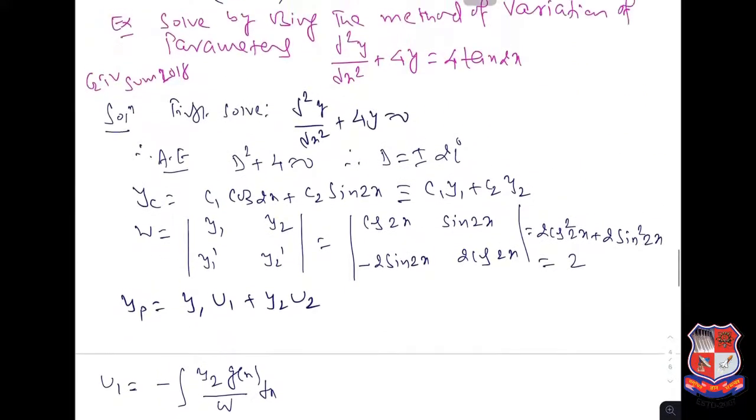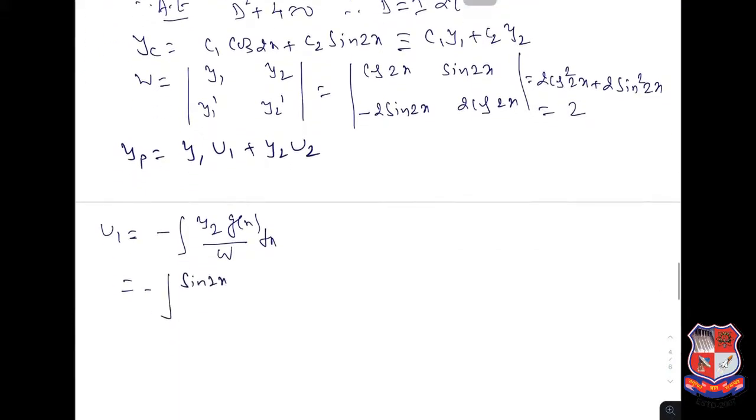What is g? g(x) is 4 tan 2x. So that is 4 tan 2x, and W is 2.